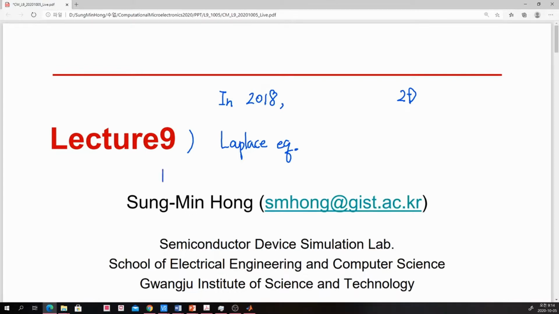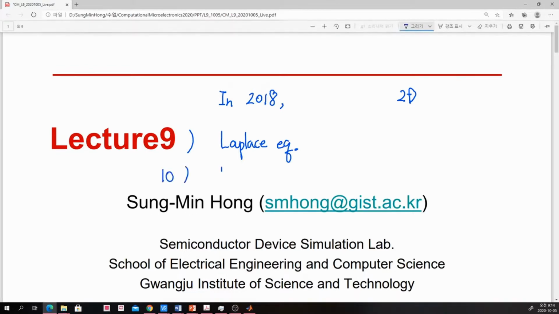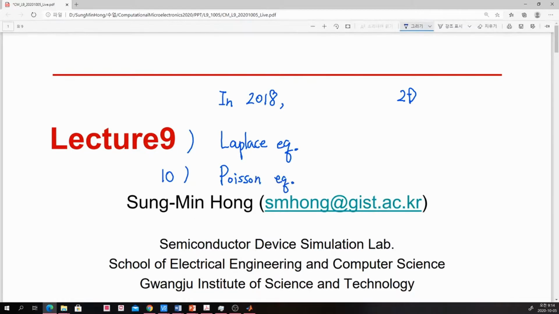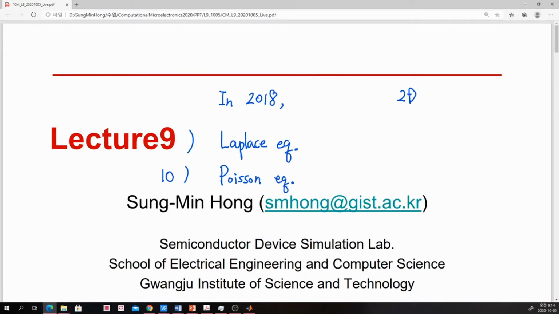And lecture 10 will talk about the Poisson equation again, and you will be able to evaluate the equilibrium structure of our two-dimensional devices, so real devices. So this is no longer a toy problem. We will learn a realistic analogy.